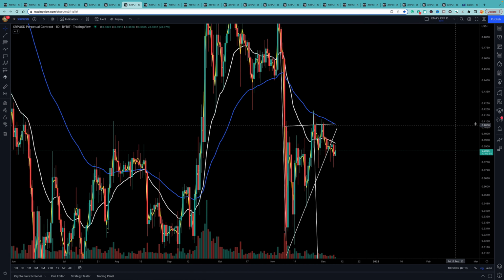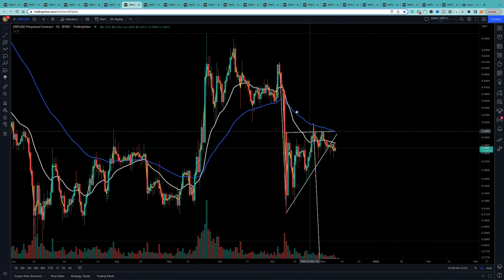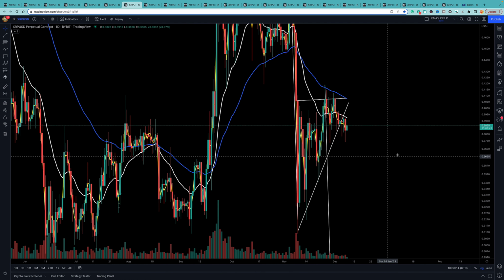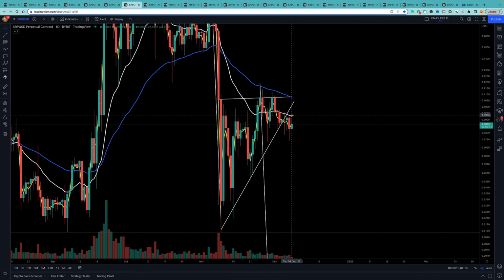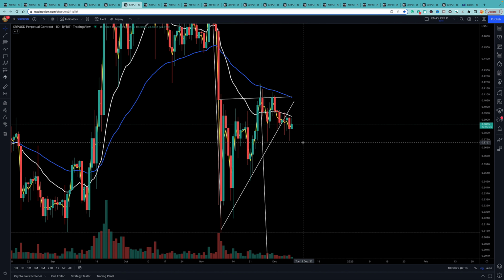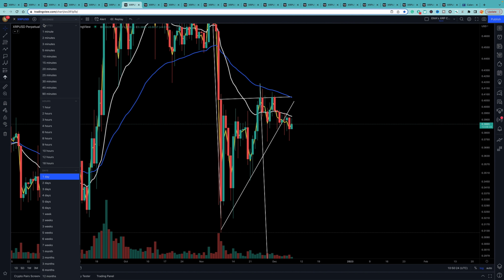And again, I'm doing this for a reason. You can see on the daily where you got the spill here and back tested the 55, rejection. That play between the 55 and the 20. Now we've broken below the 20, and you can see the 20 has been resistance here. Rejection, rejection, rejection, and price action couldn't get to it this time. But you can see that played with there.